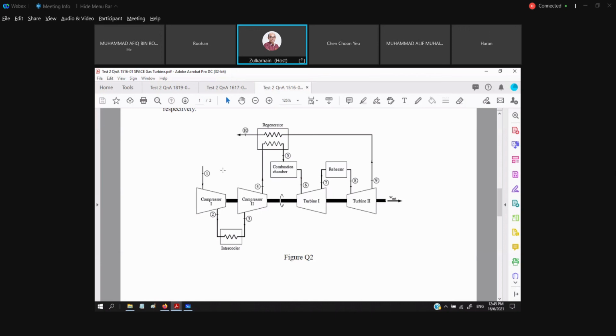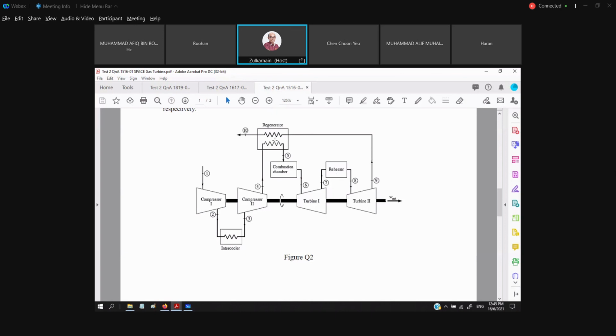So every element of modification, which one is to increase the work net? To increase the work net is basically multi-stage compression with intercooler. To increase the W net is also contributed by the reheat.